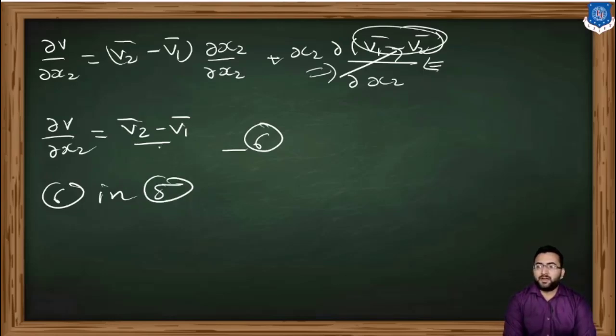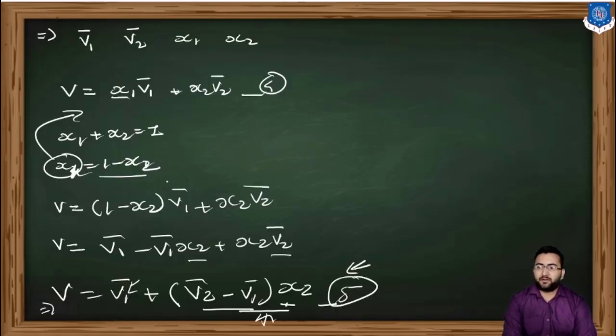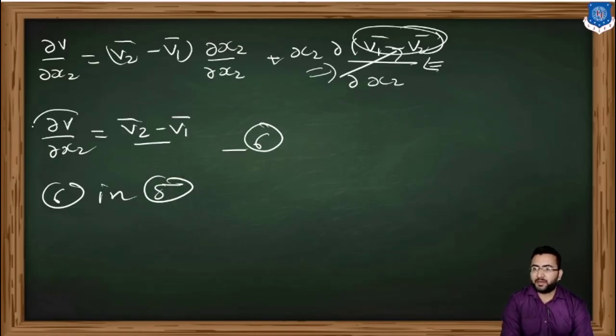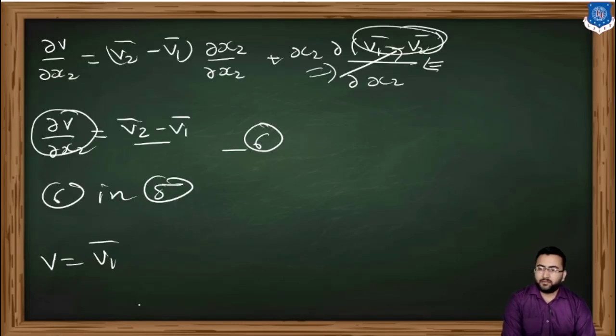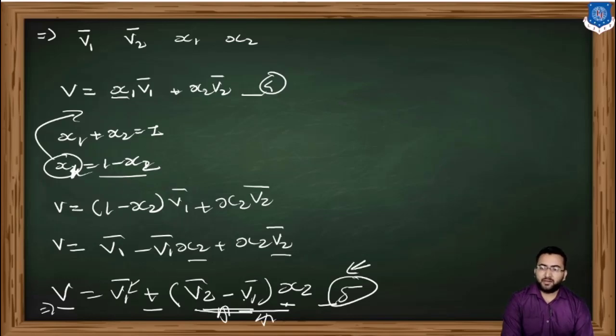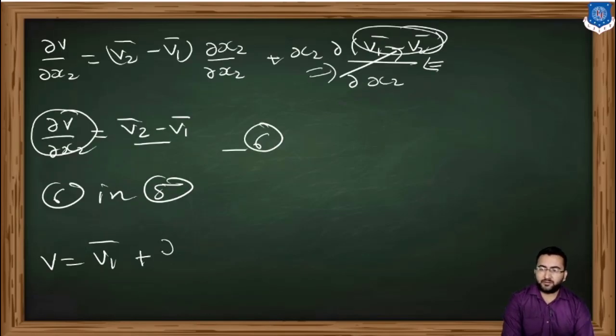Using equation number 6 in equation number 5. What is equation 5? Equation 5 is V is equal to V1 bar plus (V2 bar minus V1 bar) into x2. So this value V2 bar minus V1 bar is replaced by del V upon del x2.